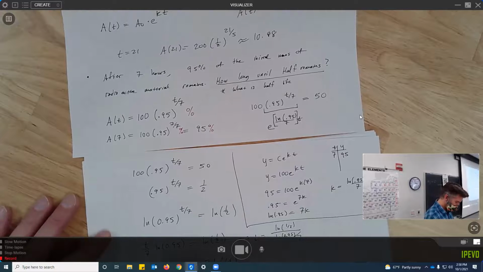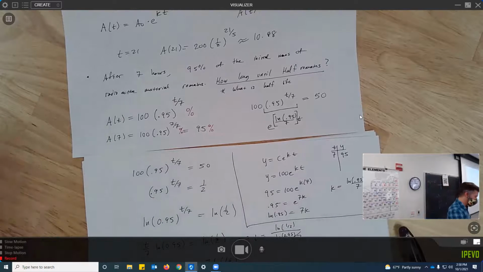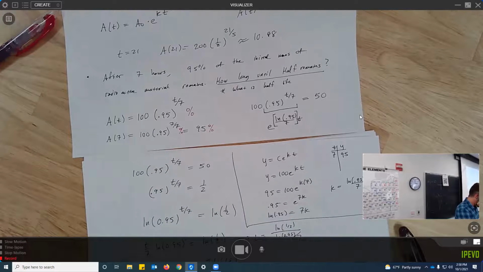Yeah, so this half-life would be this number, which then we use the calculator. I actually have a calculator on me. We use the calculator. Google is a calculator. Let's see, natural log of 0.5 divided by 7.